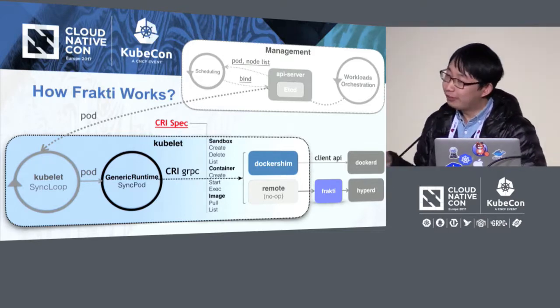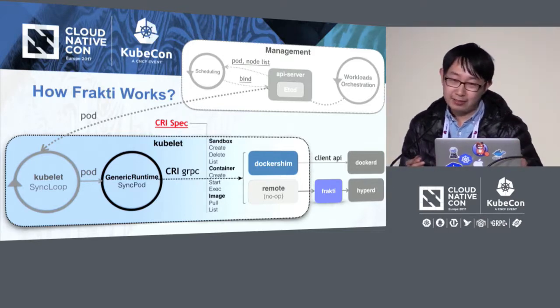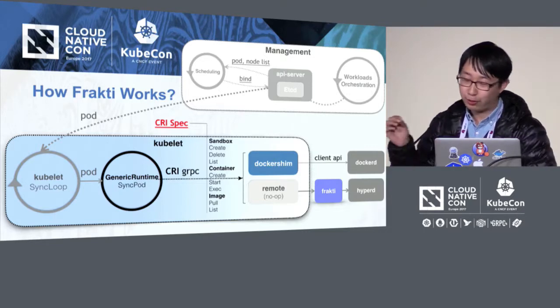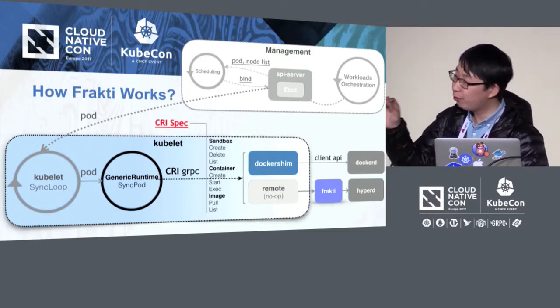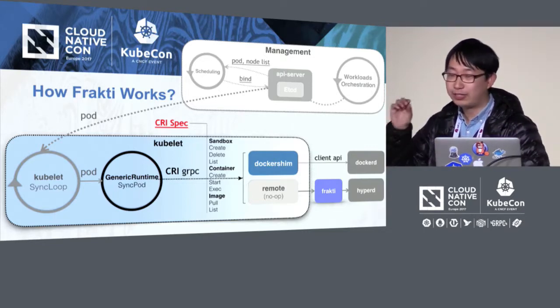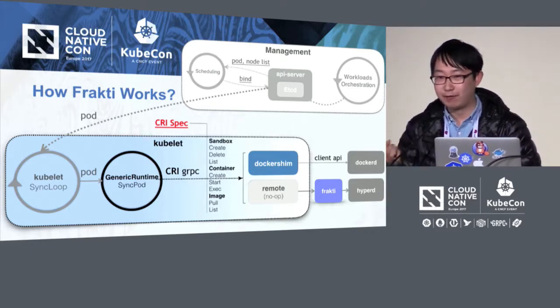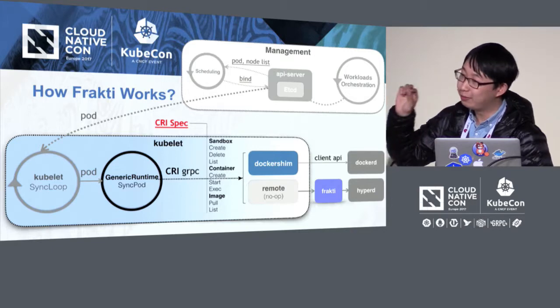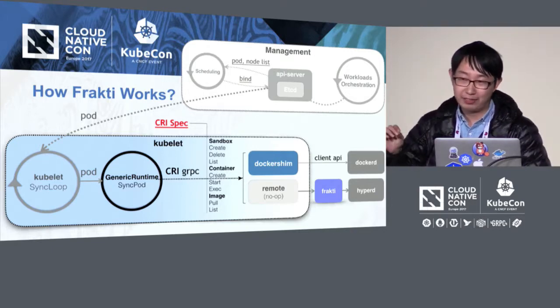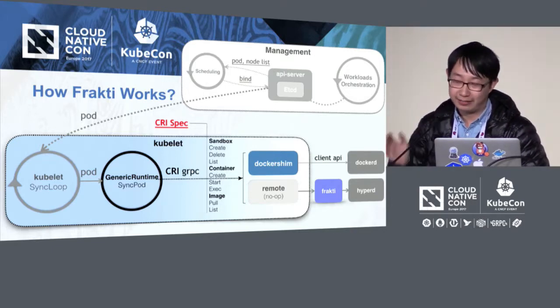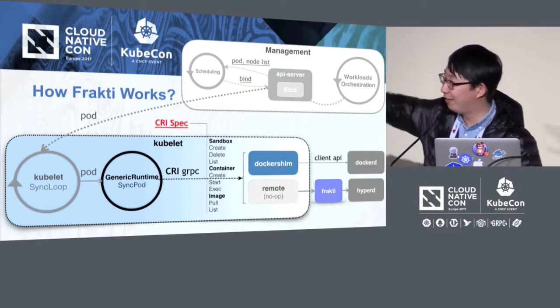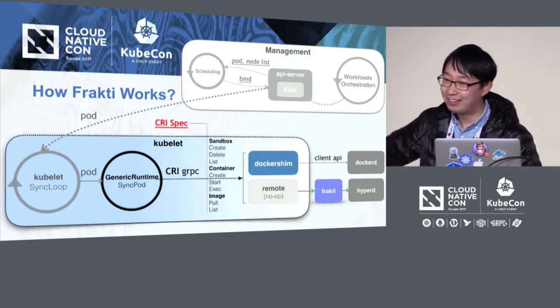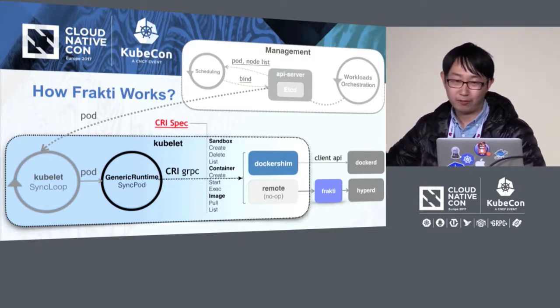If a pod is created, the kubelet main sync loop will deliver the pod to the so-called generic runtime. The generic runtime is responsible for generating the configurations of the pod and containers. Then it will call the Container Runtime Interface functions with those parameters to start the pod sandbox and containers. So from that line on, there is no pod anymore.